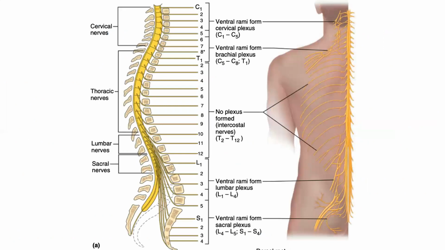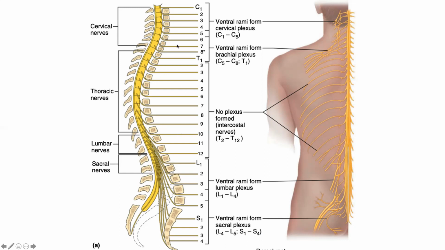As a reminder, I believe you remember we have 7 cervical vertebrae, 12 thoracic vertebrae, 5 lumbar vertebrae, 5 sacral vertebrae, which are fused, and 4 coccygeal vertebrae, which are fused. The spinal cord runs in the spinal canal, which is on the posterior aspect of the vertebra, and from the spinal cord, spinal nerves come out.